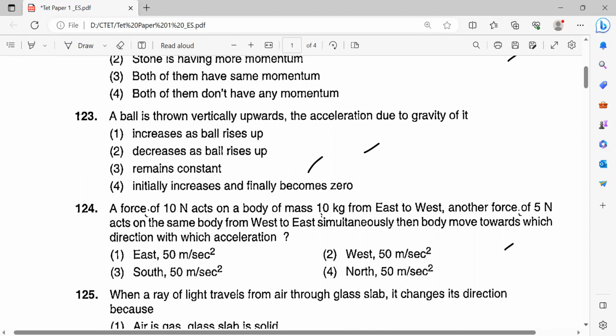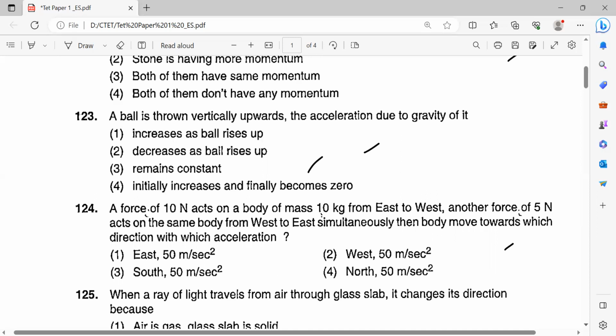When a ball is thrown upwards, its speed initially increases, and then it stops at a certain level. Then its speed decreases. The options are: increases as the ball rises up, decreases as the ball rises up, remains constant.